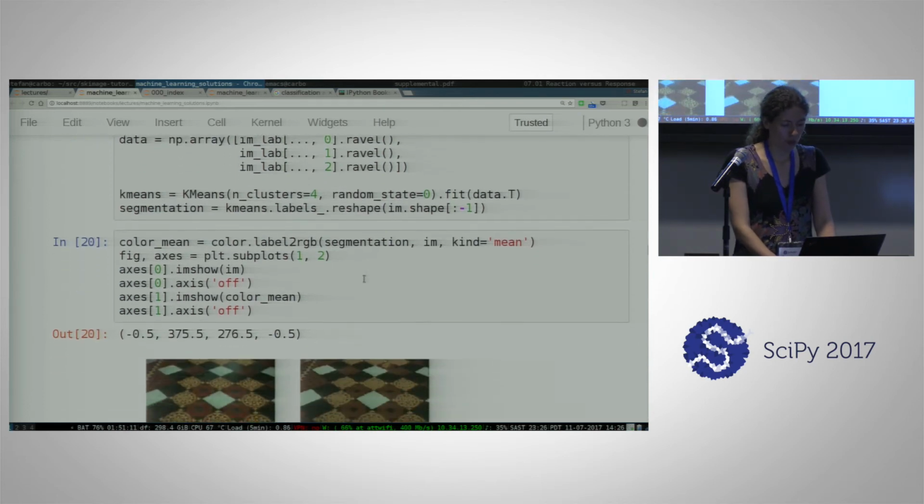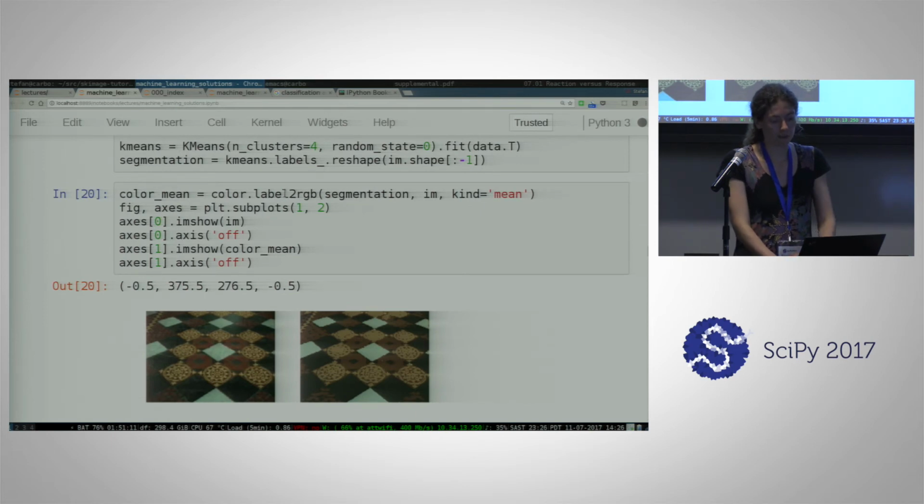And so what I did here is to use a nice trick that we have in the color module that transforms an array of labels into an image where each labeled object would have the average value in another image. It's a bit convoluted to explain it like this, but when you compare this image, you can see that here every segmented region has the average value that it had in the image im.